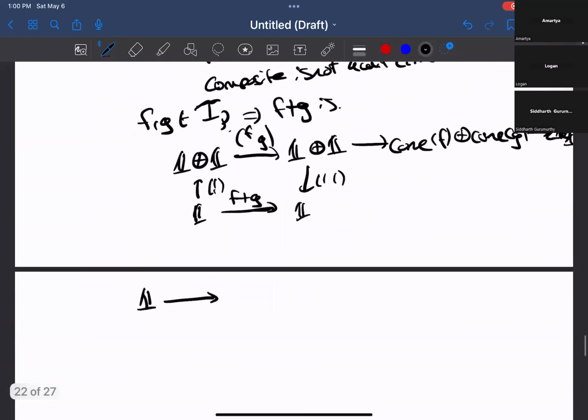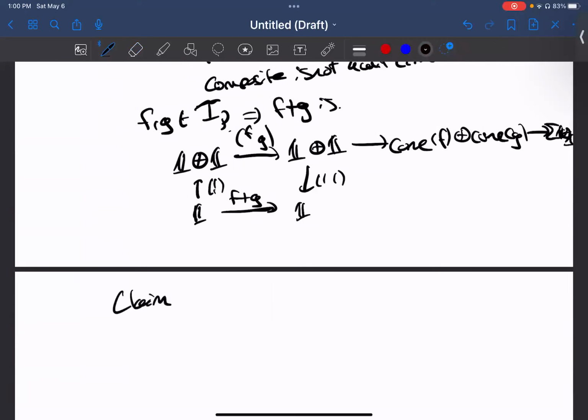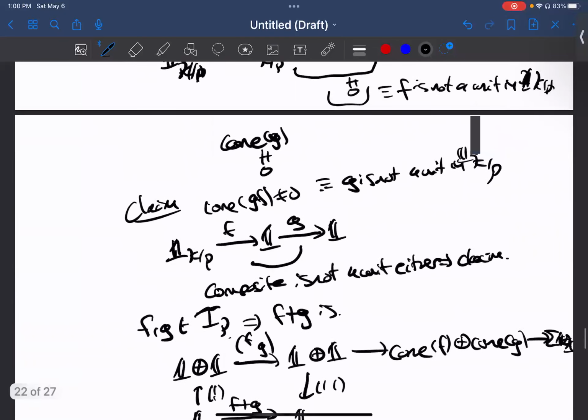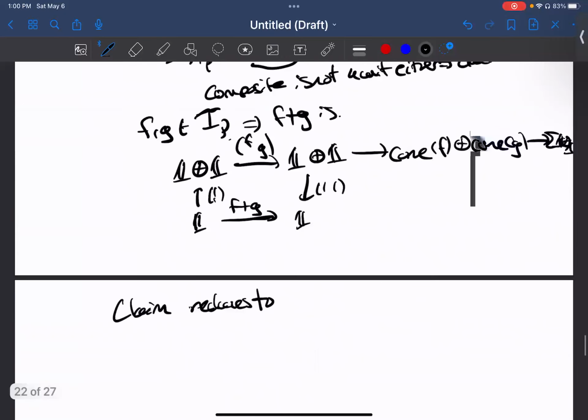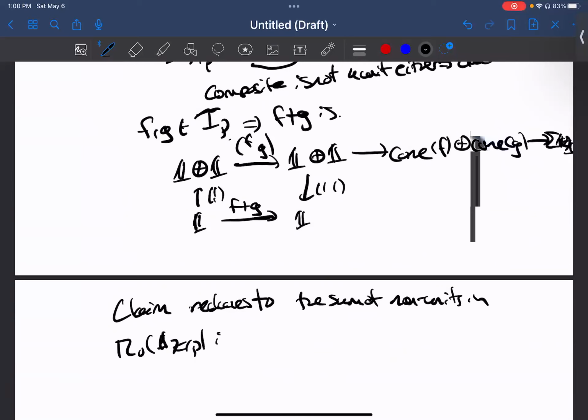So our claim amounts to that if we recall that the elements of IP are precisely the non-units in K mod P, then this reduces to the sum of non-units in pi 0 of 1 K mod P is not a unit, which is equivalent to pi 0 of 1 K mod P is local.